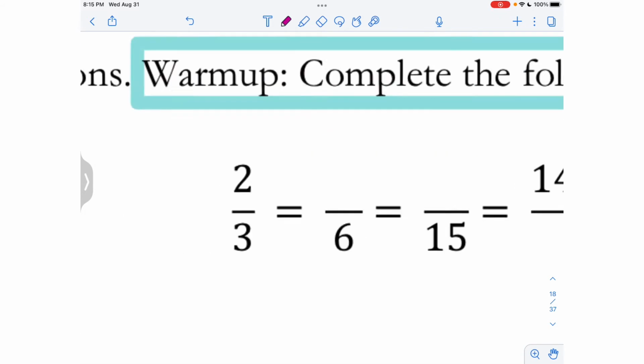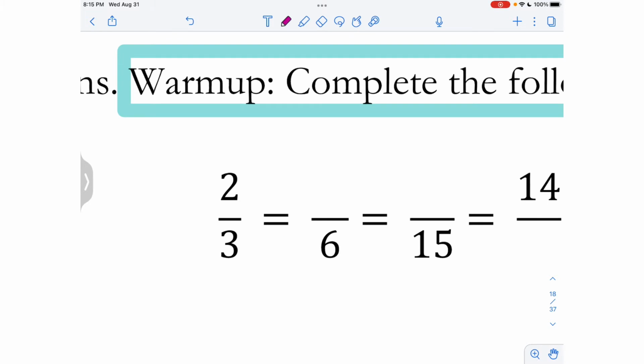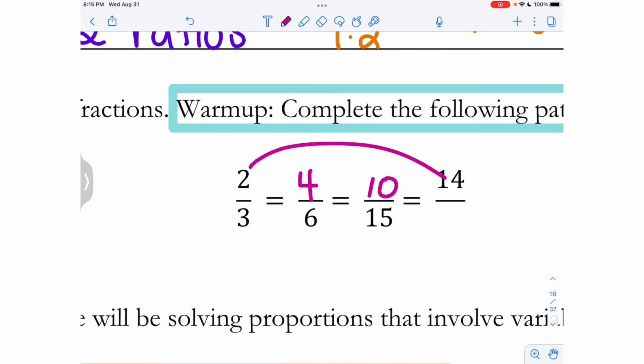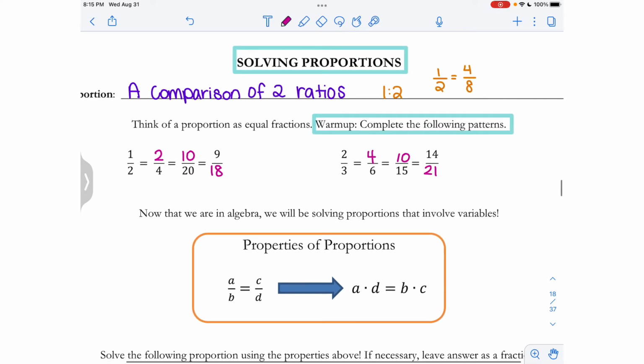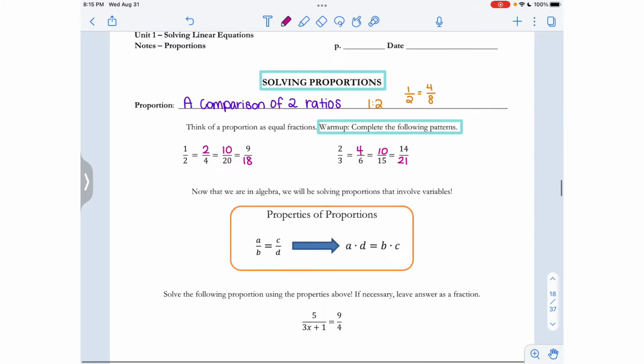For 2 over 3, well, 3 times 2 is 6, so 2 times 2 is 4. 3 times 5 is 15, so 2 times 5 is 10. 2 times 7 is 14, so 3 times 7 is 21. So you just heard my logic of how I came up with the numbers. These are all proportional because they're being multiplied by a common number.